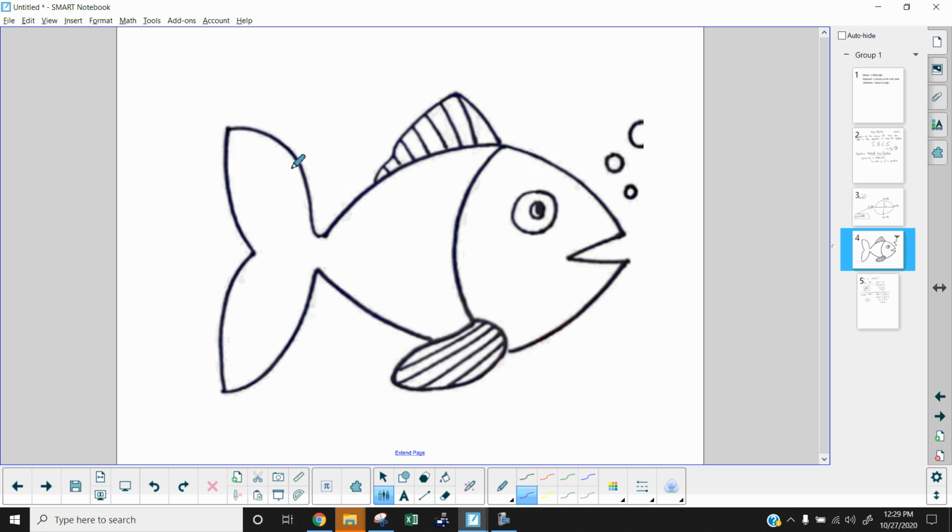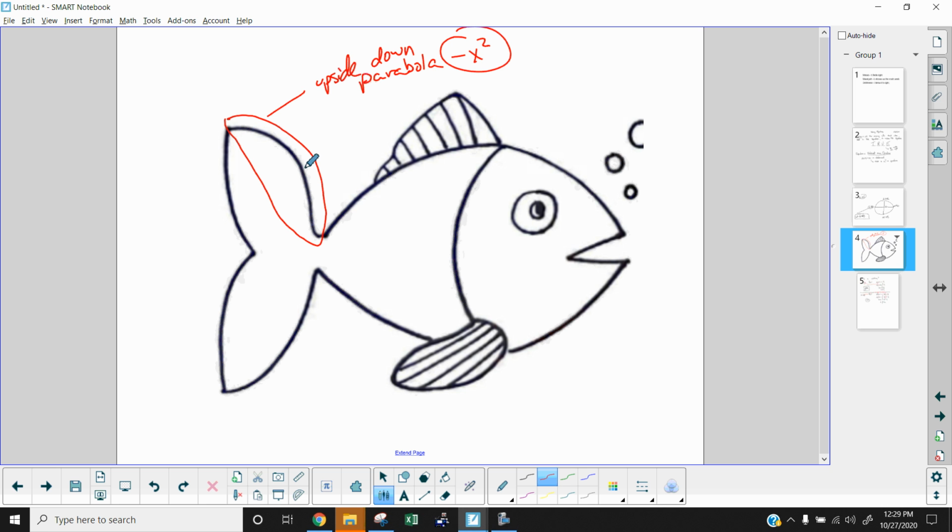Then what you want to do is pick areas, like this area right here. I think this is an upside down parabola. I think this would be a really cool negative x squared graph if I just modified it in some way.